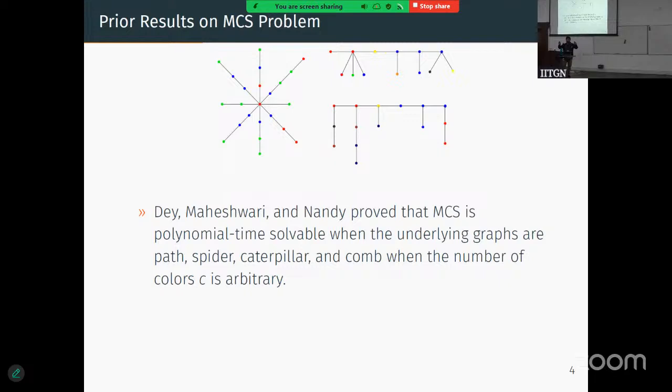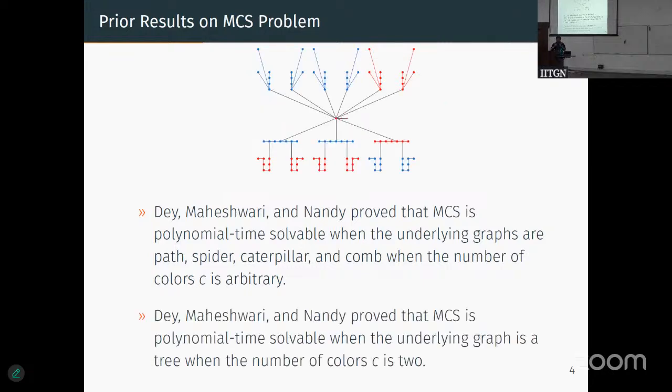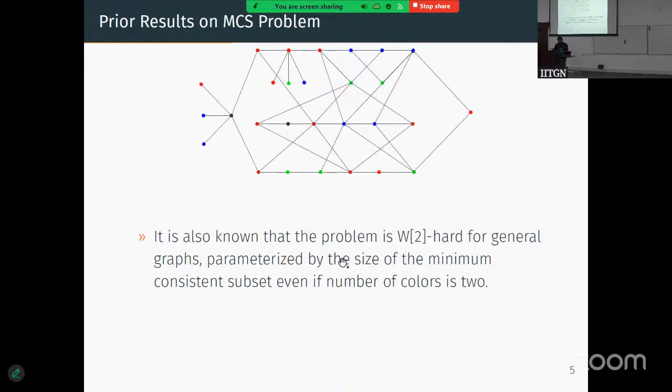This is for the interval graph. The size of the minimum consistent subset, the number is 2.